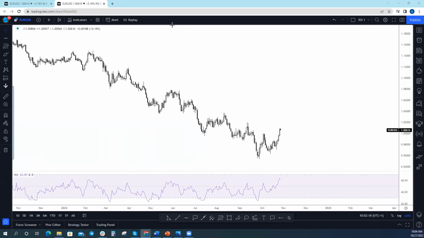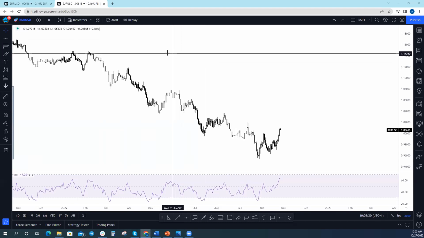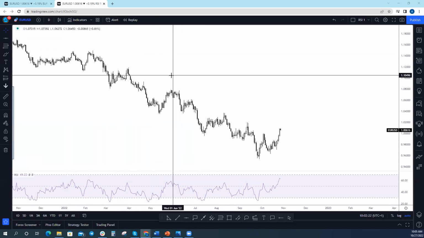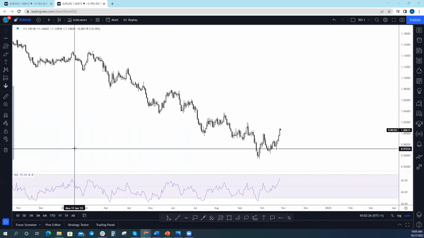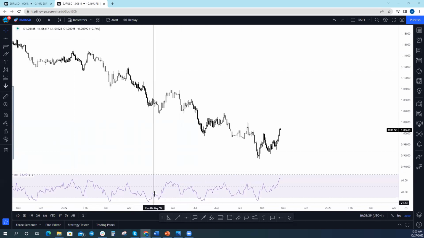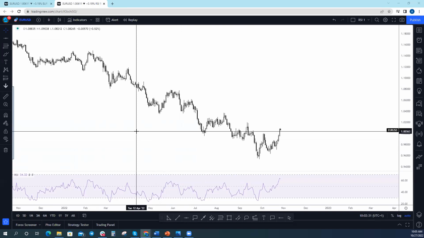All right, brilliant. On the screen right now, we have the euro-dollar daily chart with the RSI attached to the bottom of it, in an isolated window. The relative strength index, short for RSI, was designed by a chap who goes by the name of J. Wells Wilder.